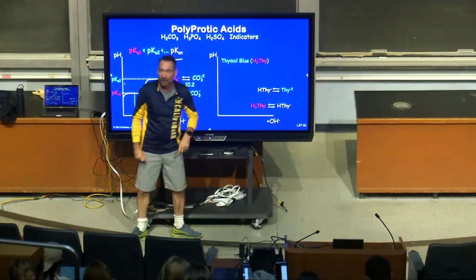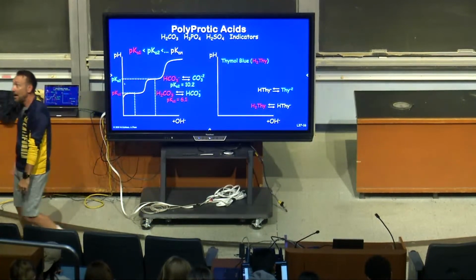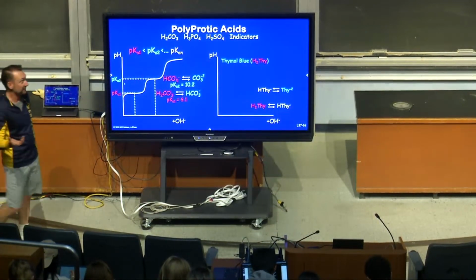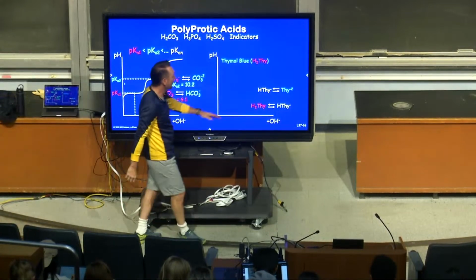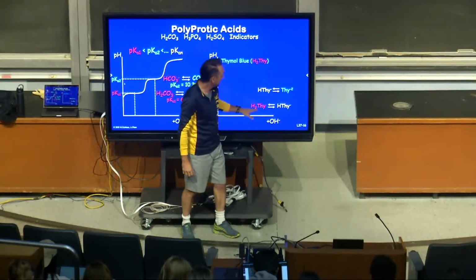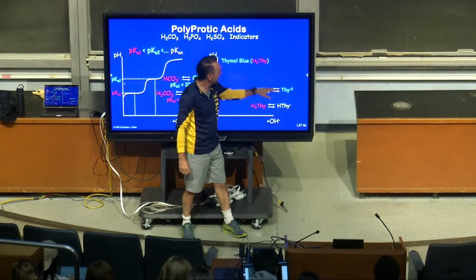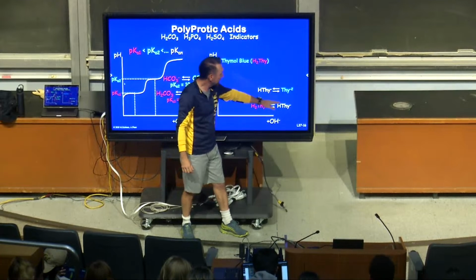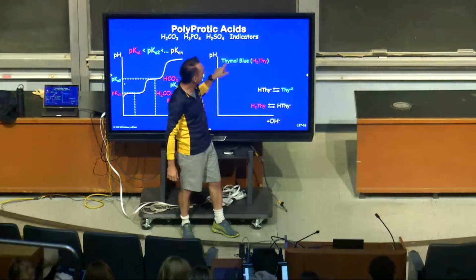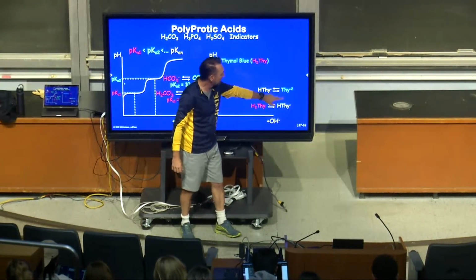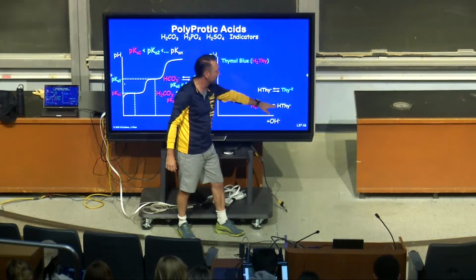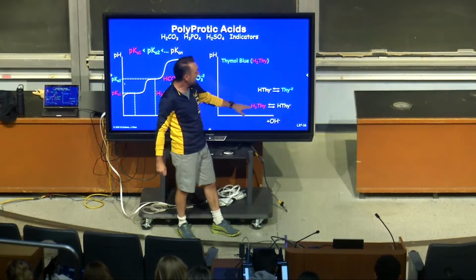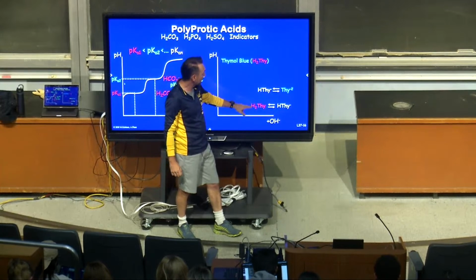Indicators, those color-changing compounds, are polyprotic acids. That's how they work. So, when you take a proton off, the various protonated states are different colors. It's just handy. So, as you take off protons, this is thymol blue. Again, I'm abbreviating it. I'm just putting thymol with the protons that come off. It has two acidic protons.